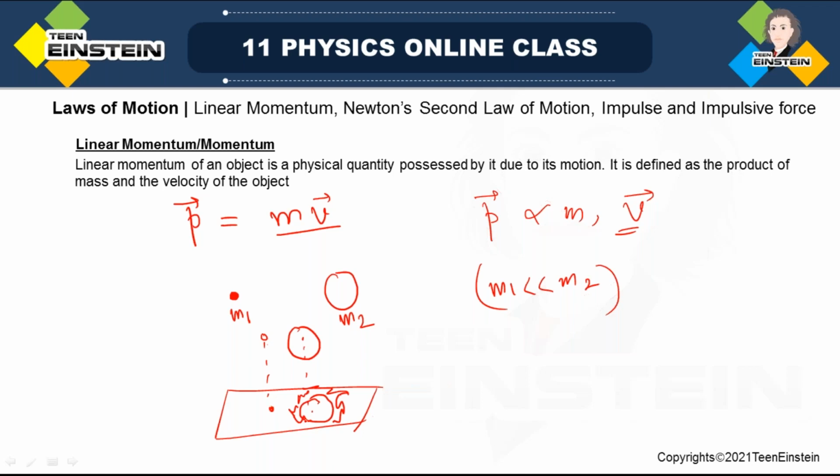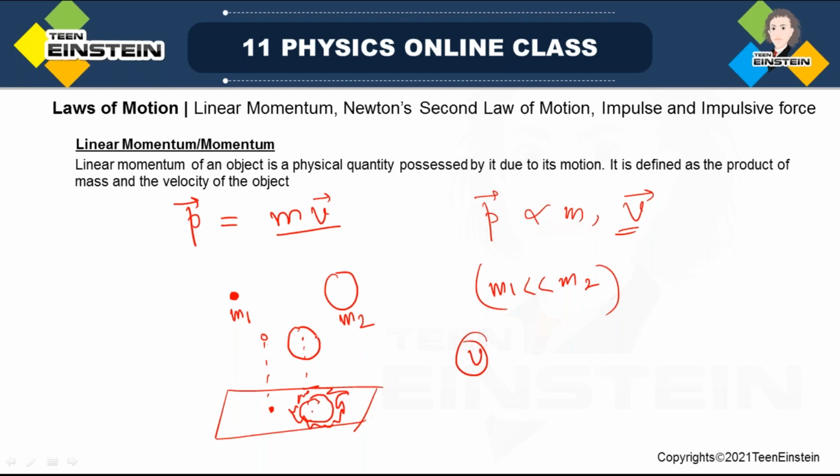So what is there in this that it cracks, but the smaller one did not? There must be some quantity. Both are stones, both are dropped from the same height, and from kinematics we know both of them have the same velocity when they come to the ground. Freely falling bodies, whatever mass, will have the same velocity.